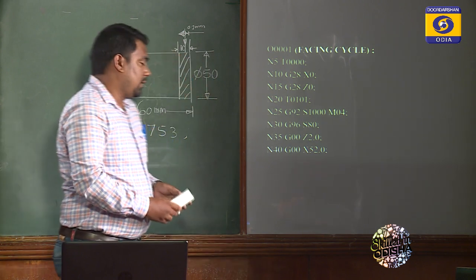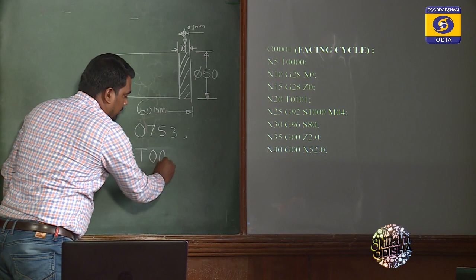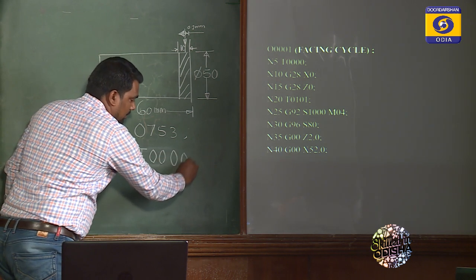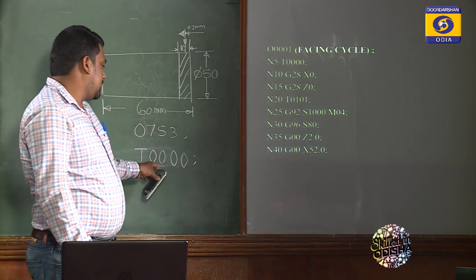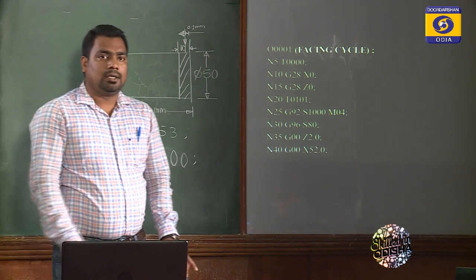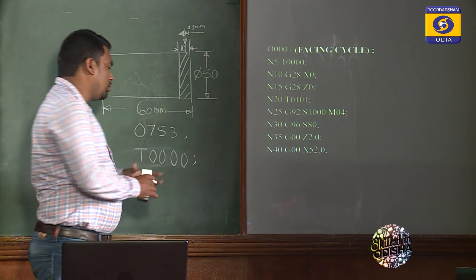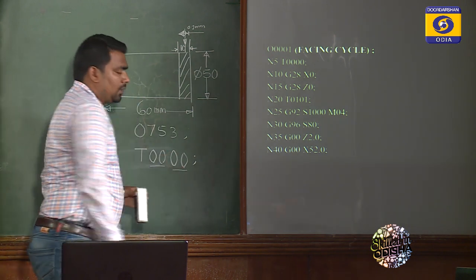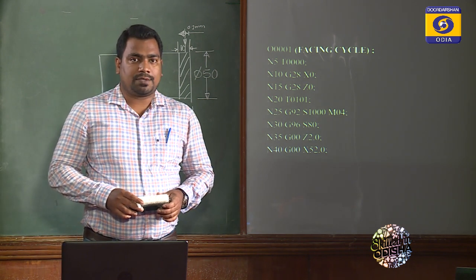That's why I am writing T 0 0 0 0. The first two zeros define that I have cancelled the tool number, and the second two zeros mean I have cancelled the offset number.